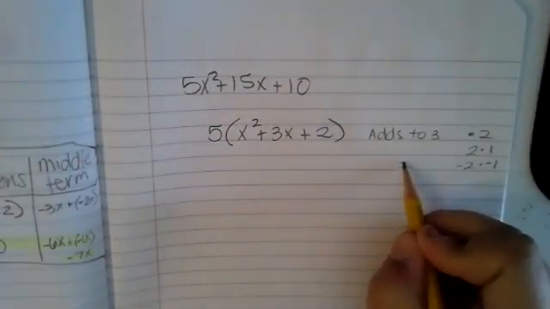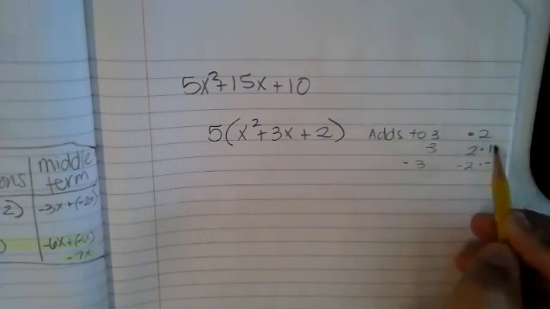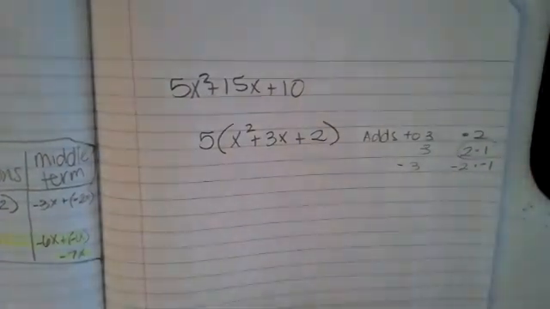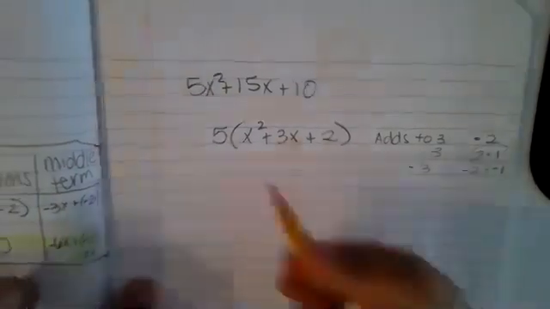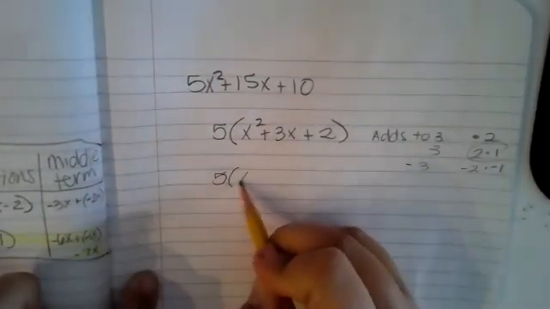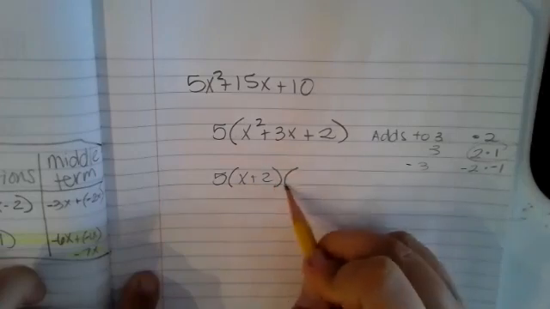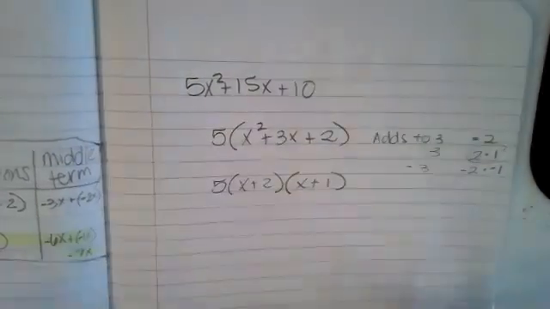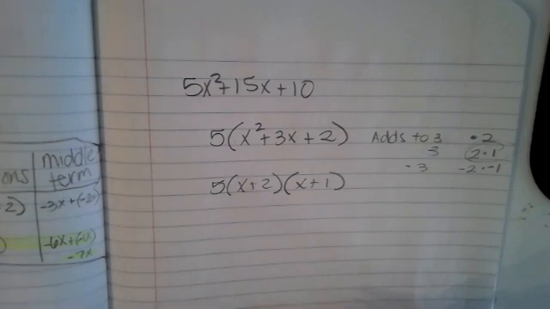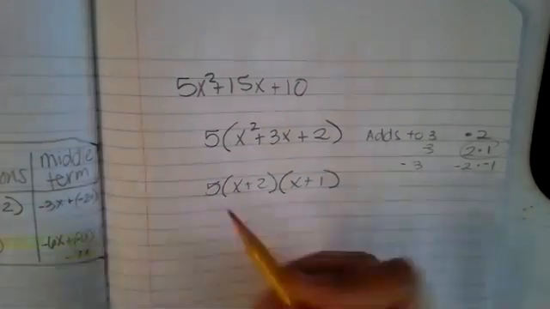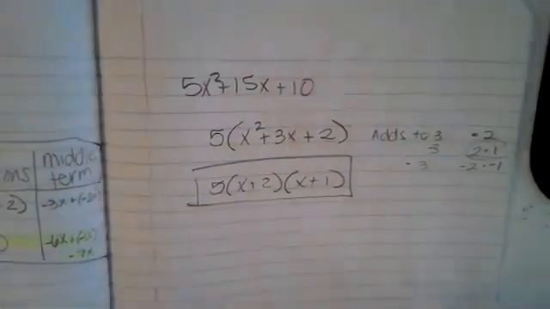Well, this one would add to be a -3, and this one adds to be a +3. So there we have it, 2 and 1. So then I have 5 times x plus 2 times x plus 1. And that's my final answer.